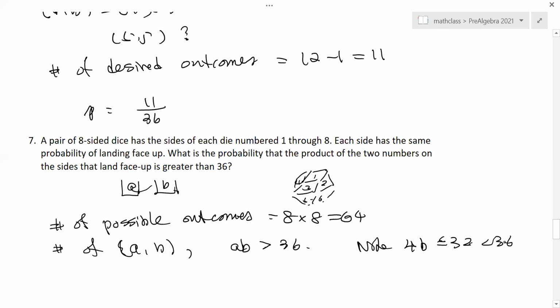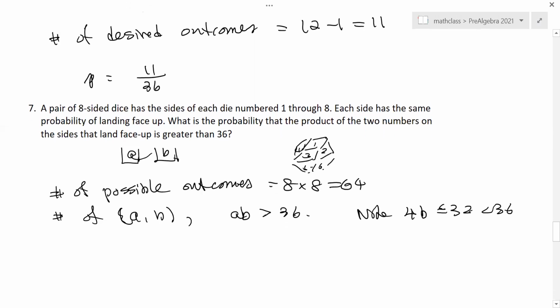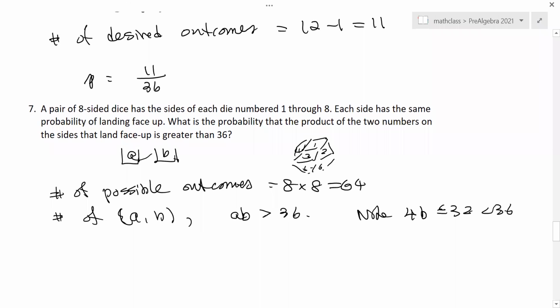So A cannot be 4 or less. You have to begin with 5. If A equals 5, then B must be 8, and then you can get 40.